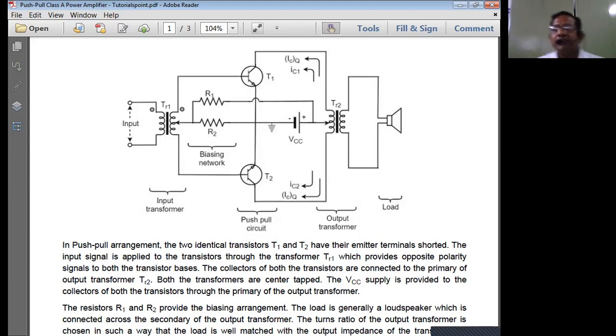For the push-pull name itself, one has to be totally in the on condition and one has to be totally in the off condition. But in the case of this push-pull class A, T2 won't be totally in the off condition when T1 is totally in the on condition. So because of this violation of the push-pull rule, we should not designate the name completely as push-pull.